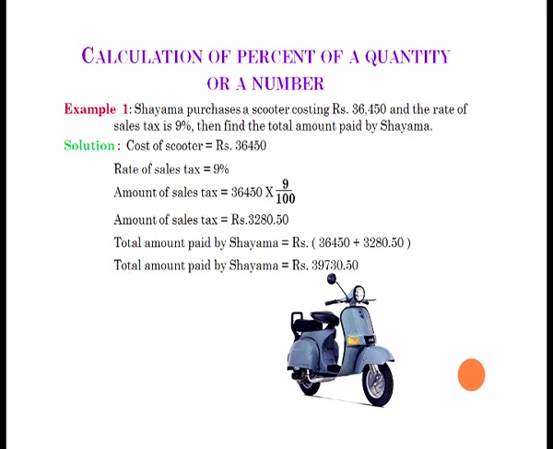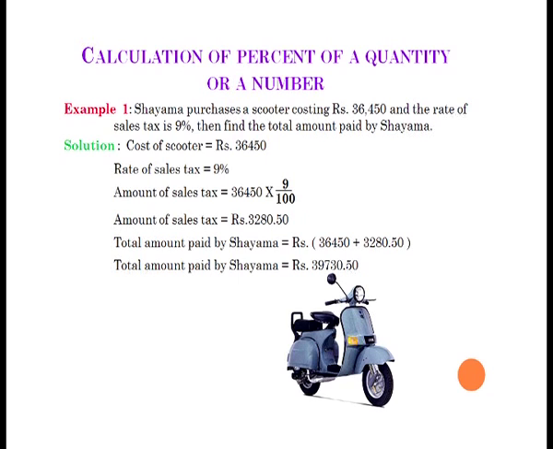The cost of the scooter is rupees 36,450 and the rate of sales tax is 9%. The amount of sales tax is 36,450 multiplied with 9 upon 100, because 9% means 9 upon 100.